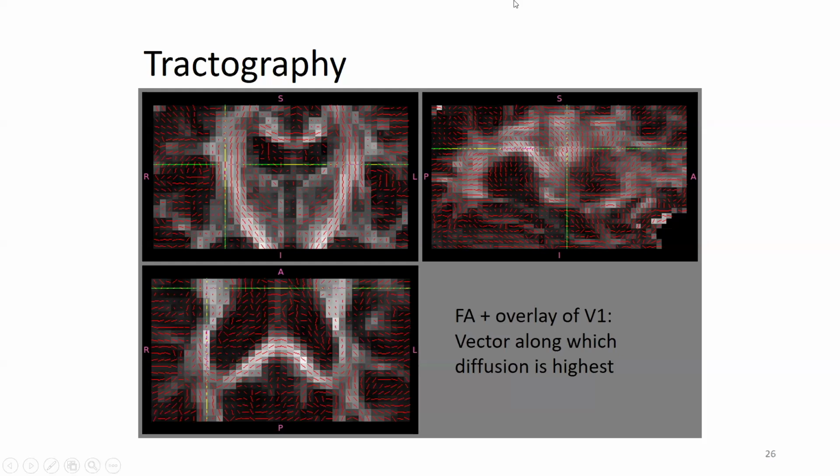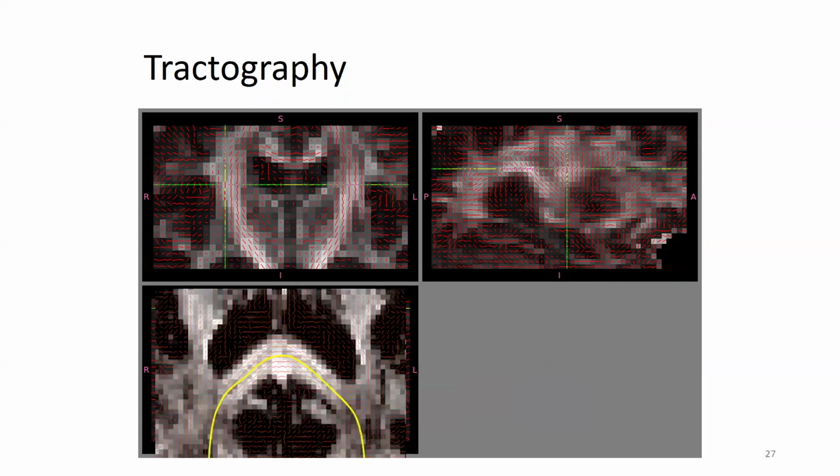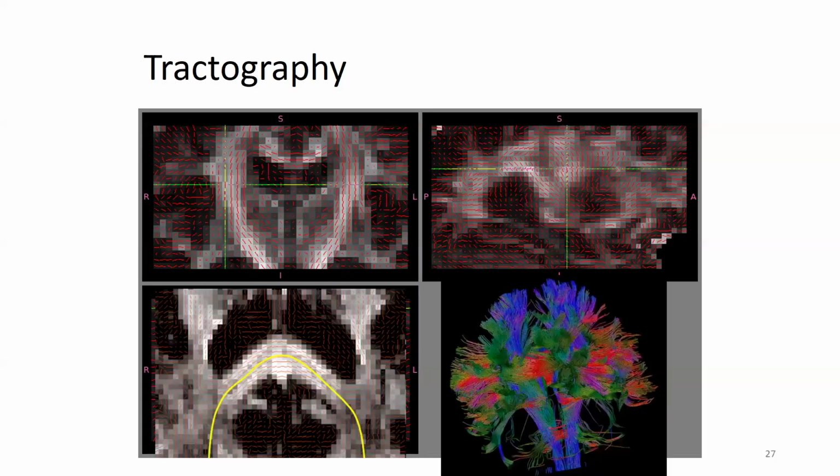And here you can see, again, we do have the corpus callosum here. We do have the corticospinal tract here. And in the corpus callosum, you nicely see that you can follow the main direction. For instance, if I start at a certain voxel here, I can follow it, and probably my fiber tract will go like shown here in the yellow curve.